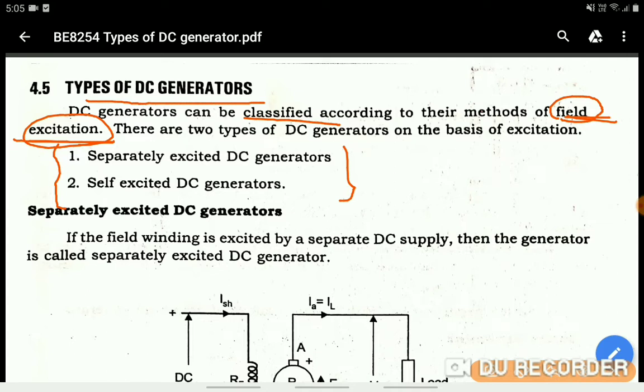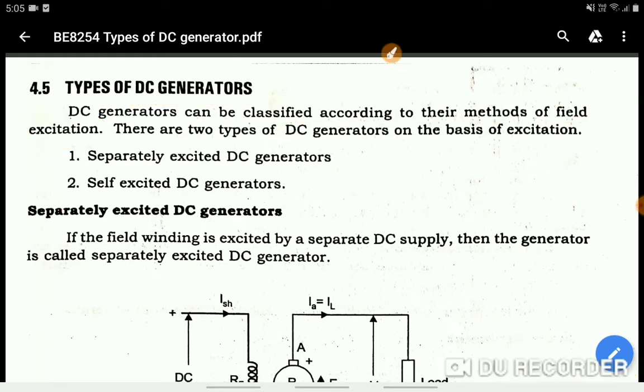In what way this DC supply is given to magnetize the field coils comes under excitation. So in what way we are giving a DC supply, either from the generator itself or from external means or separate sources.